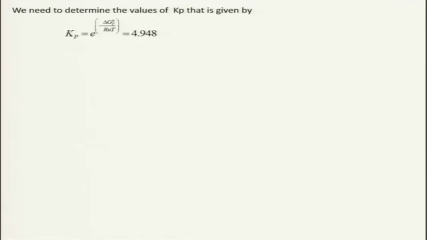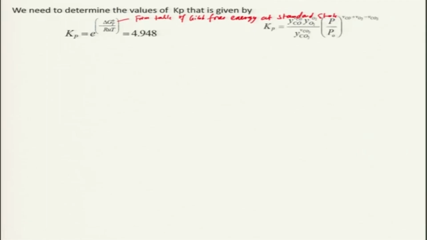Then we will calculate how it will be. For that, of course, we can find delta G naught from the table of Gibbs free energy at standard state, and knowing these constituents, these things we know already.